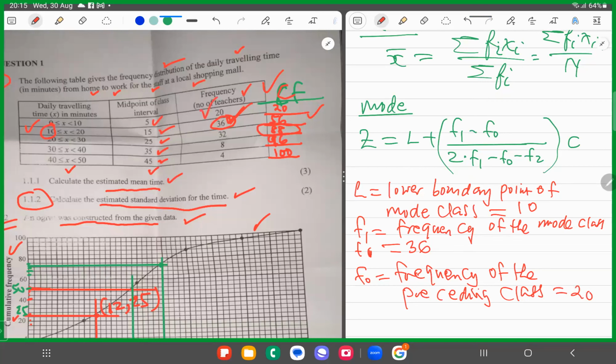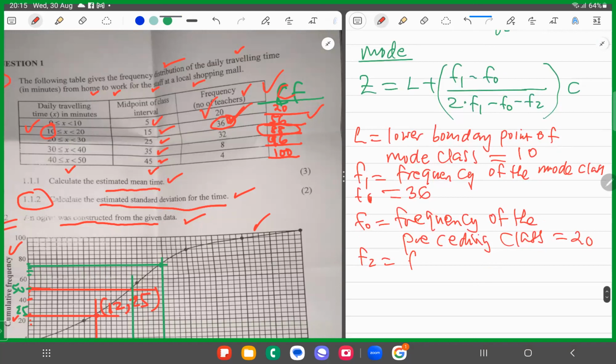F2, the frequency of the succeeding class, is exactly 32.